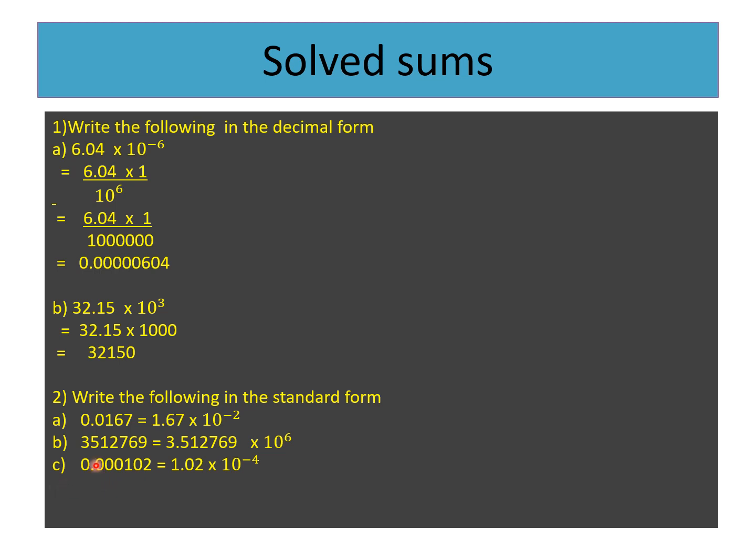The last sum, 0.000102. The decimal number is given. How to represent this number in the standard form? I told you only one whole number part we have. It lies between 1 and 10. We have to move the point to the right side.